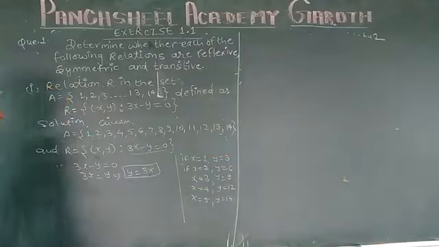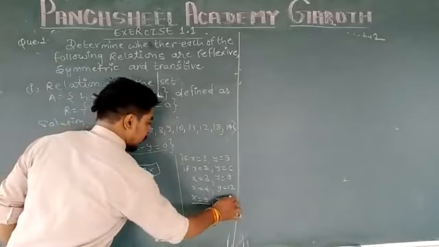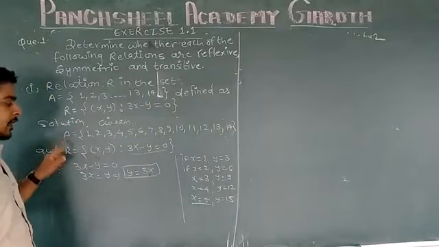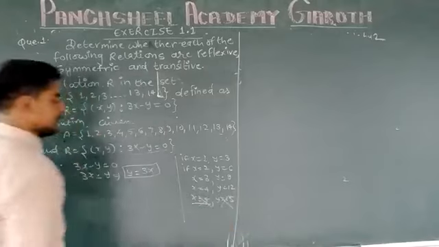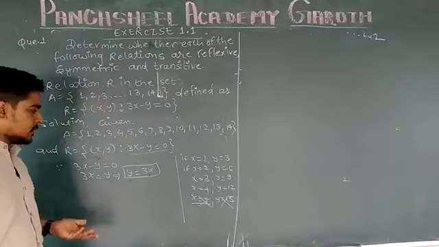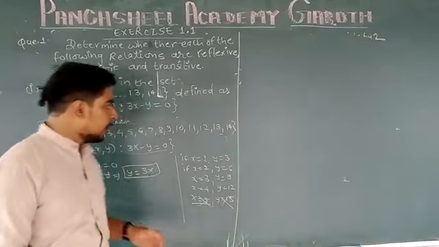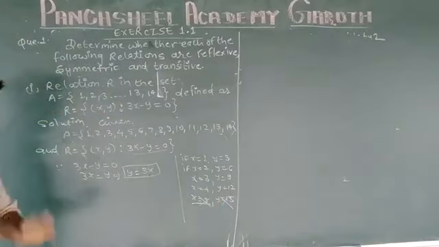We see that if we take 5, then y is equal to 15, but 15 is not given in the same A, therefore we cannot take the value x equal to 5. It is because if we take x equal to 5, corresponding value is not obtained in the same set, because the relation is defined in the same set.